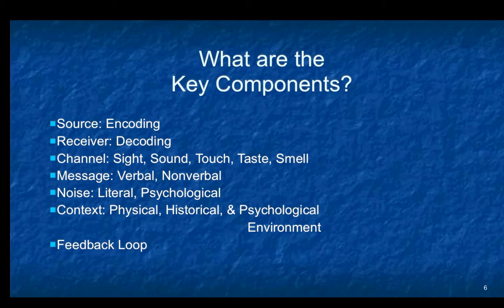Next we have context. Context can be physical, historical, or the psychological environment as we just discussed, right? The physical and historical context can lend value to the communication happening in that particular context. Would you communicate the same way in a classroom as you would in your residence hall room? Of course not. Would you communicate the same way in the library as you would a bar?